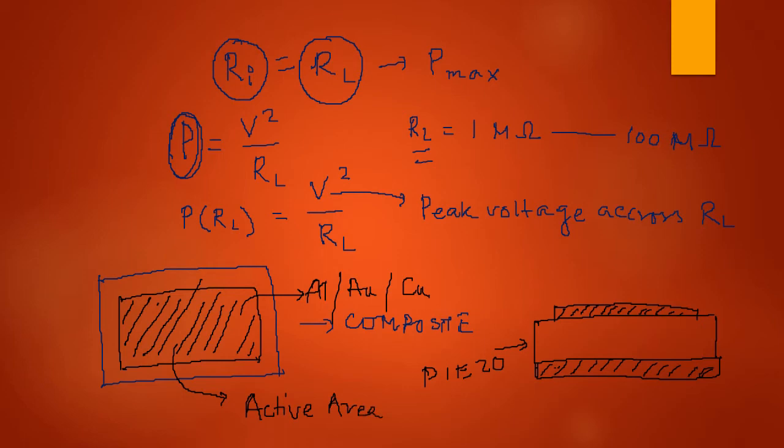Active area means this part. The part which I am now showing in green color will not contribute anything. All this part where you have not electroded will not contribute any charge generation. So only this part will be called the active area, and if you see the cross section, it looks like that.